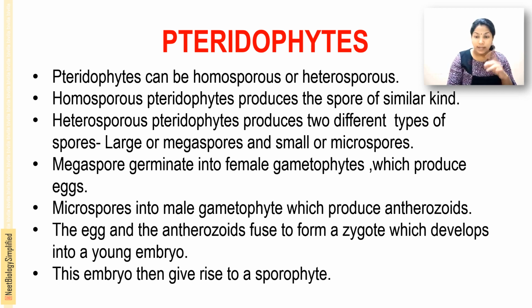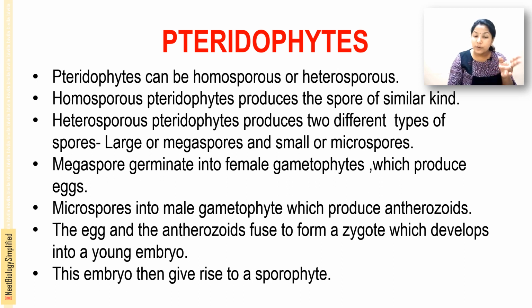Okay, in the previous slides we said that spores are released from the sporangium of the sporophyte, right? Here, in heterosporous, 2 different kinds of spores are produced, large or megaspores, small or microspores.